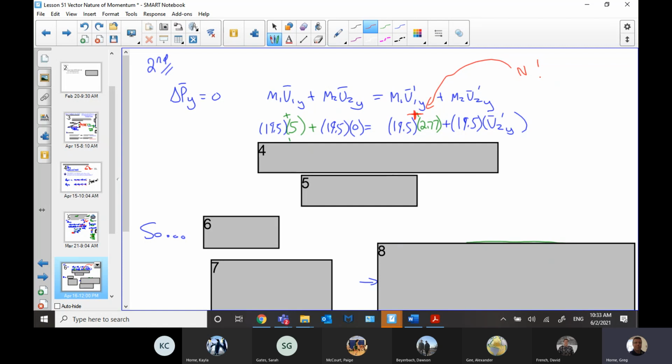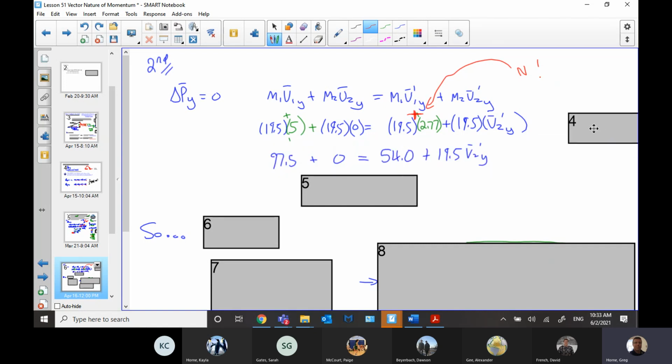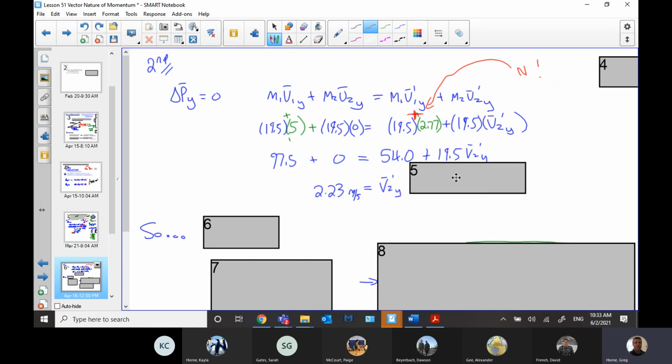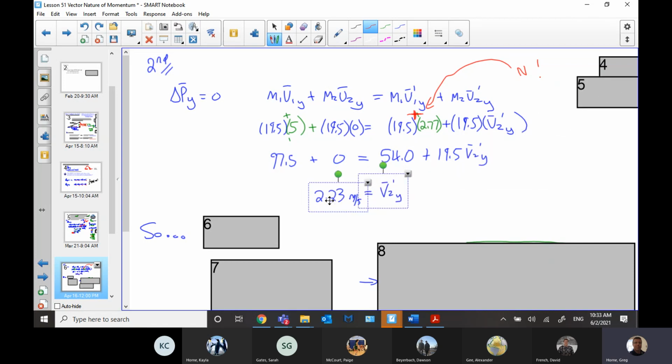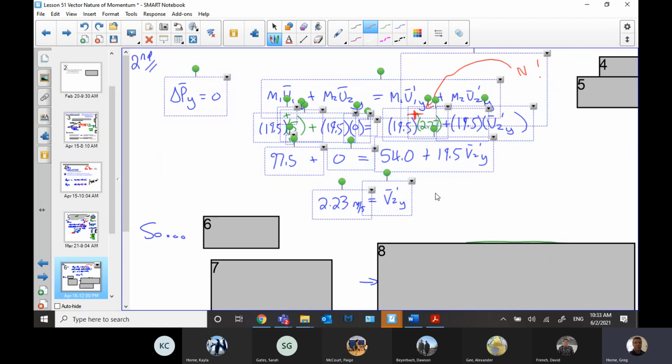So you have to make sure to put those signs in correctly. Anyways, so multiplying, taking away 54 from both sides, dividing by 19 and a half, and bada boom, bada bing. You've got the vertical momentum value after the collision.